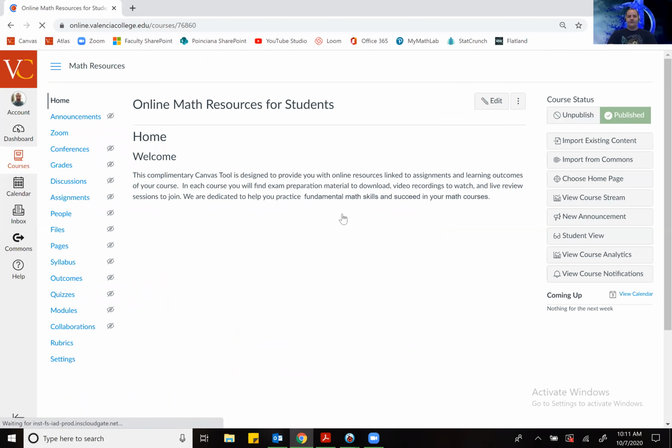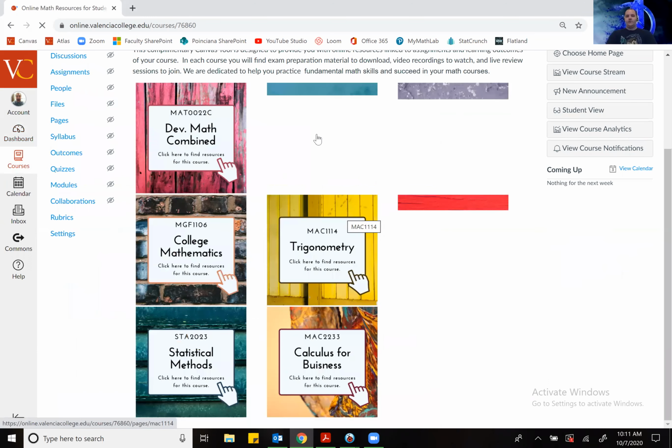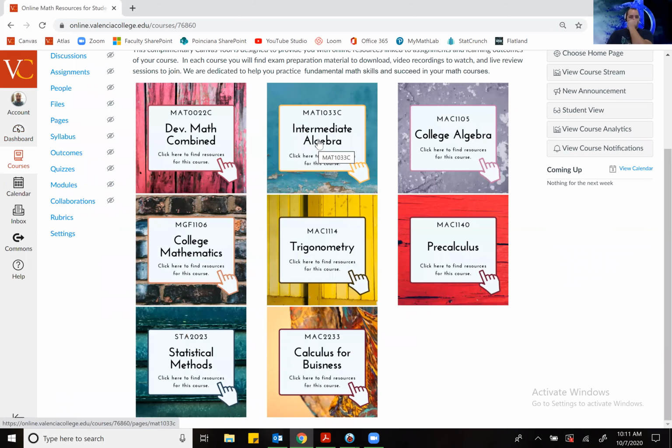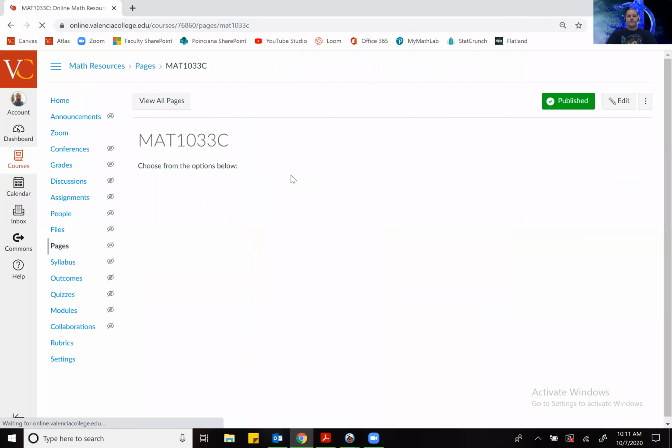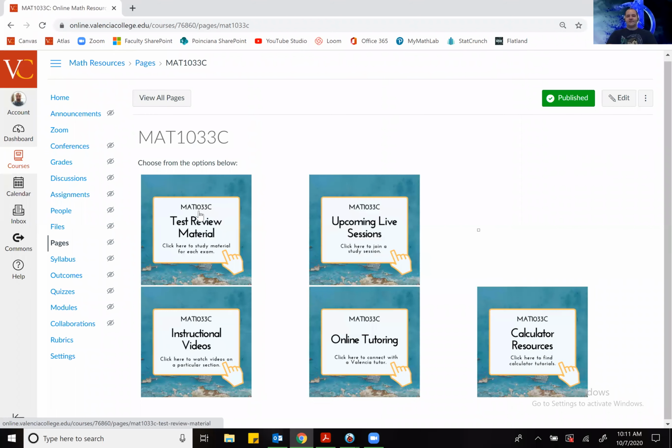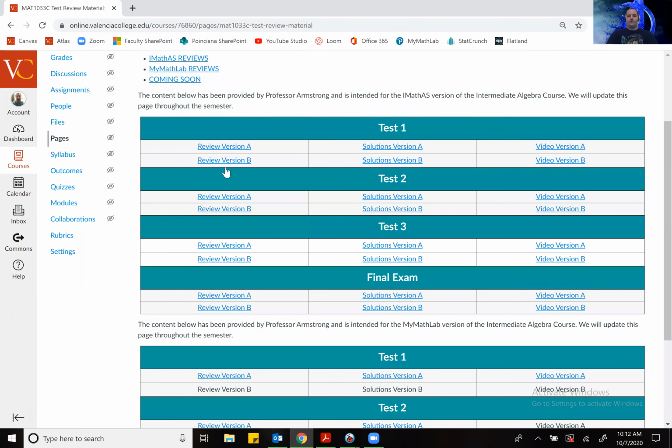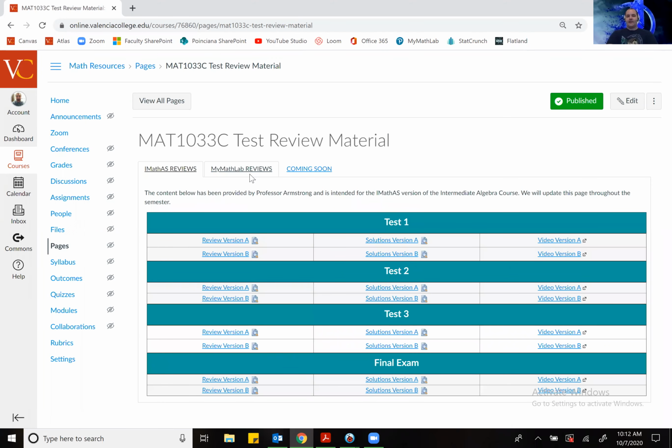So in here, just to show you where it's at, it will go under intermediate algebra. And you'll go into test review material. And you're going to want to make sure that you click on the My Math Lab reviews.